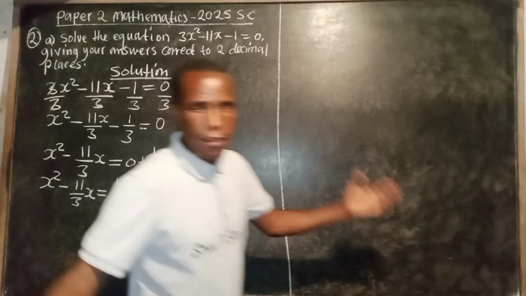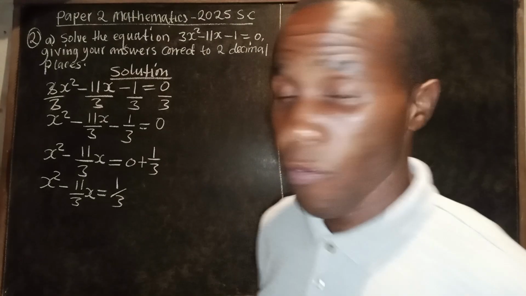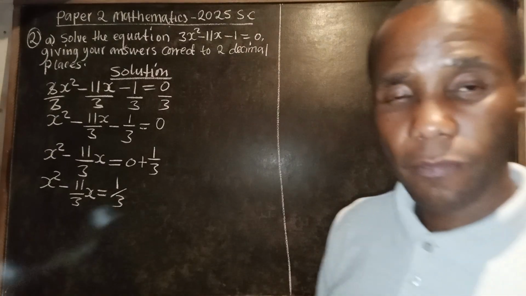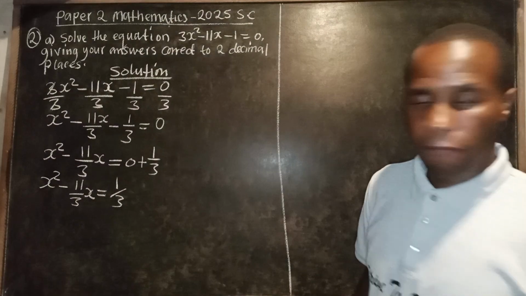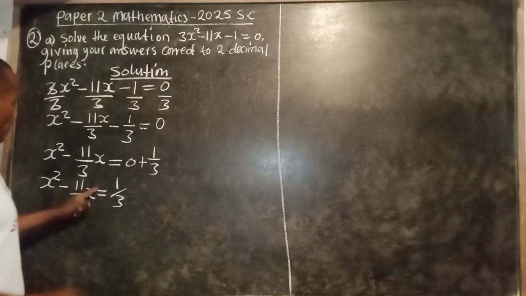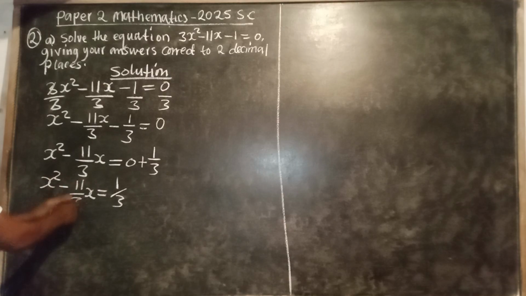After you have done that, what next? The next thing you are supposed to do is to find half of the x coefficient. The coefficient of this x is 11 over 3, so you are going to find half of 11 over 3.